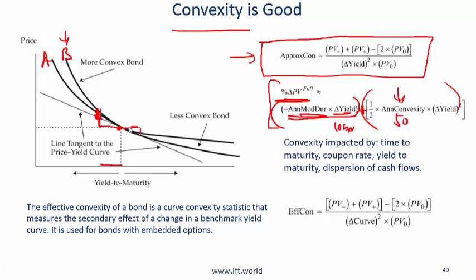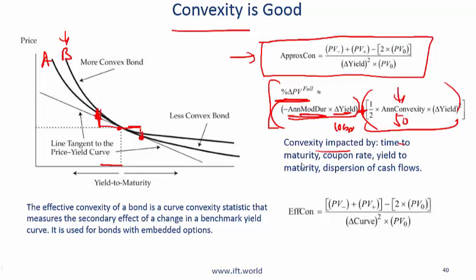What if interest rates go up by 1%? Then the duration formula will give you here, and then you add the convexity adjustment. So whether interest rates go up or down, the convexity adjustment is always positive. It will always take you up. So that also shows that convexity is a good thing.